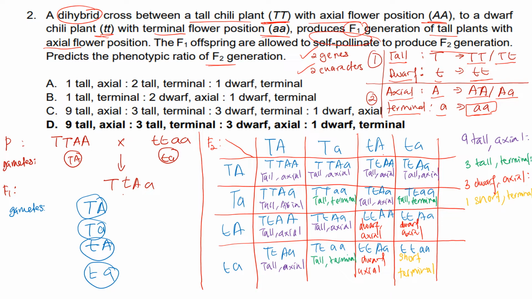After you have extracted all of this information, you have to do the crossing. For the parental generation, it tells you that the plant is tall and has axial flower position. So the genotype will be capital T for tall, and capital A for axial flower position.